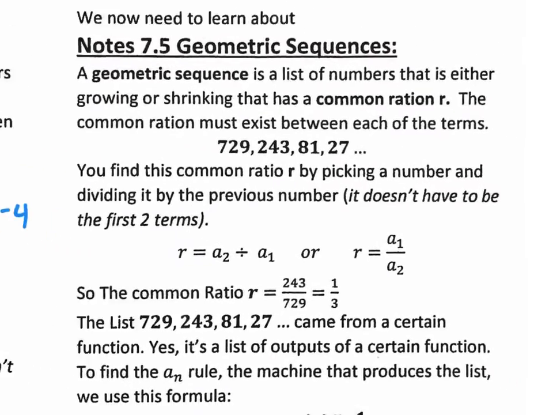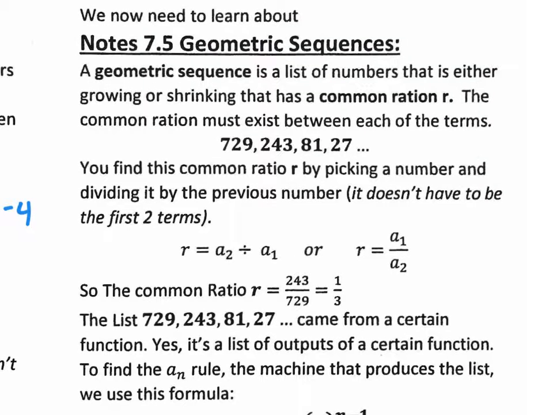Over here, a geometric sequence doesn't have a common difference. Right here it has a common ratio. What is a ratio? It's a fraction, guys. Okay? So an arithmetic sequence has a common difference. A geometric sequence has a common ratio. Now, you're thinking, what the heck's a common ratio? Well, it says right here, you find this common ratio, r, by picking a number and dividing it by the previous number.